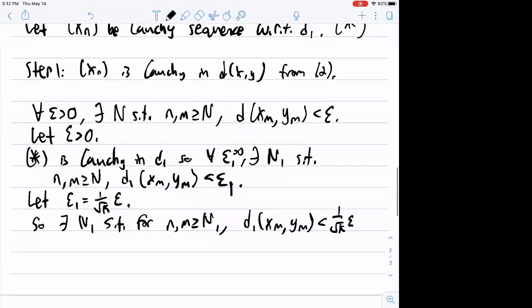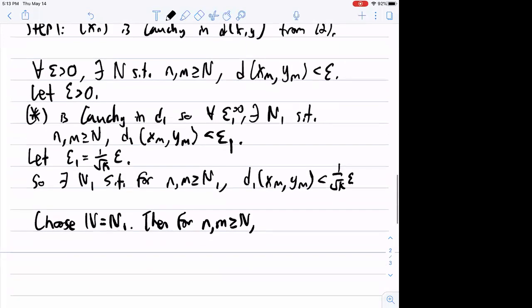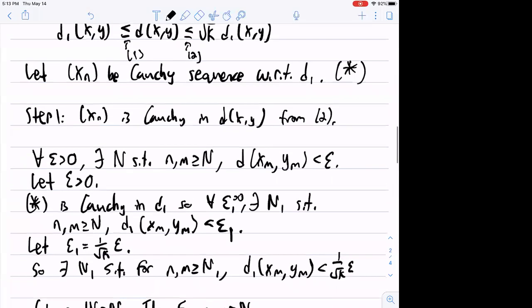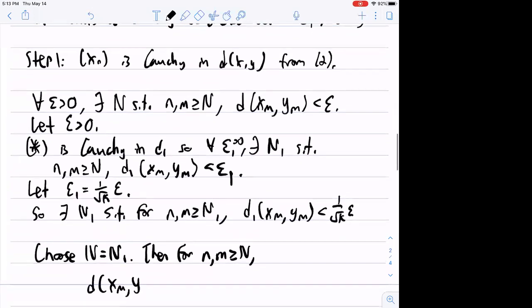I'm going to choose my n to be n1. Then for n, m bigger than or equal to n, I have the distance of xm, xn. Sorry, I don't know where my y came from.